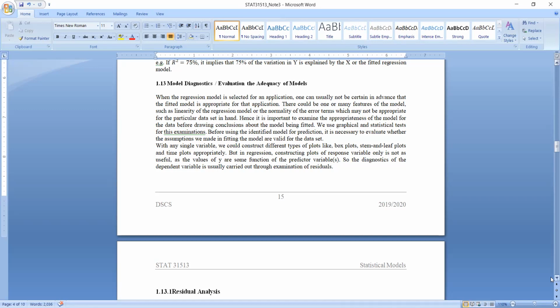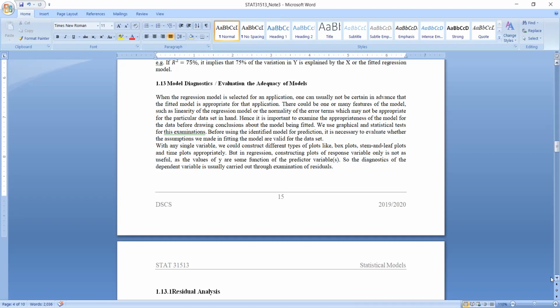So if we want to make sure that our model is a good fit, if we want to evaluate the accuracy of our fitted model, we have to check all these assumptions. If these assumptions are violated, that means our model is not a good fit.